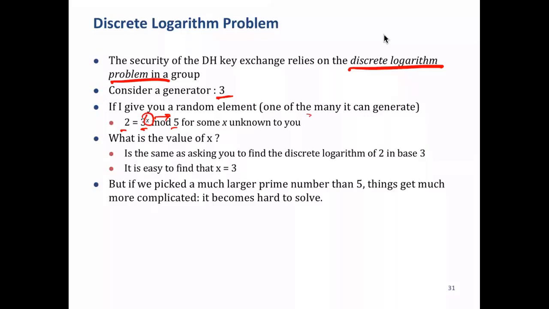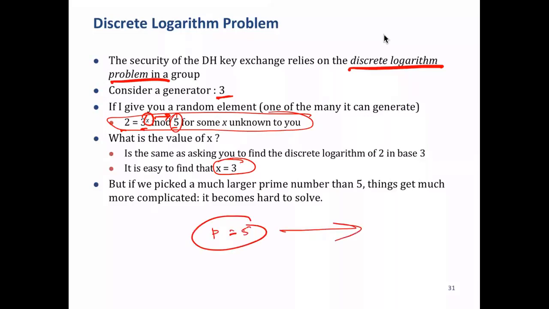In this equation, it is comparatively simpler because you can do it manually. It is X equal to 3. But if this P, which is 5, becomes big, say 256 digits or bits, then finding out X is impossible.